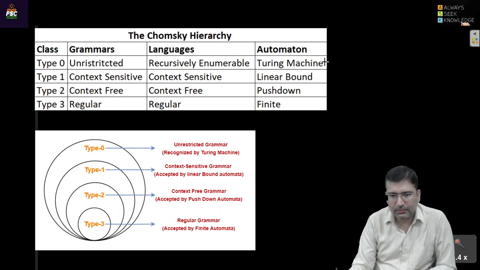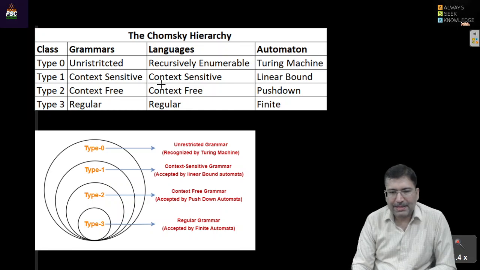This Turing machine is also a kind of finite state machine. Then type 1 languages use context sensitive grammar. These are considered context sensitive languages, and such languages can be accepted by linear bounded automata. Then type 2 languages use context free grammar.